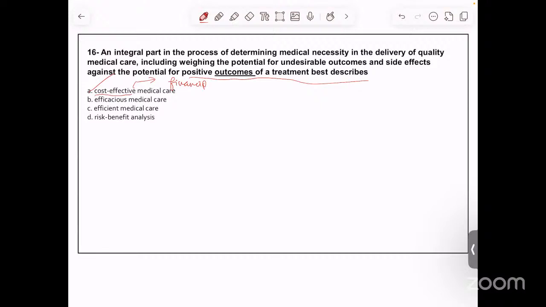Letter D is incorrect also because this is a component of determining medical necessity. The cost effectiveness encompasses this within a broader framework of financial and clinical appropriateness. So again, cost-effective medical care is about the framework of financial and clinical appropriateness.